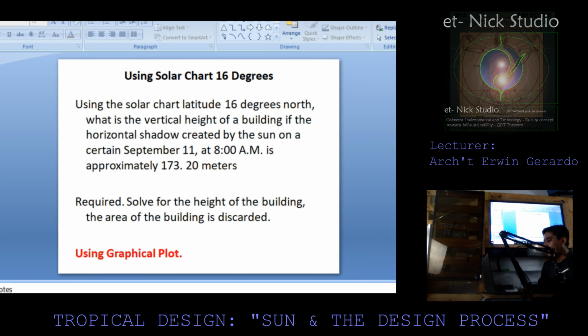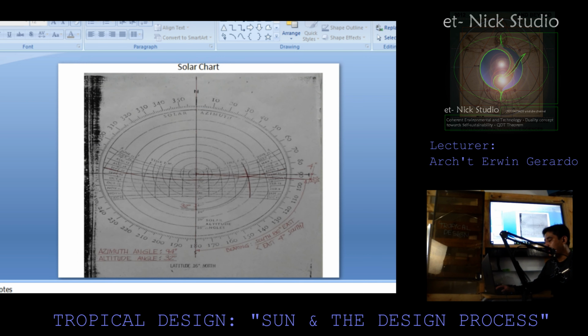So you are required to solve for the height of the building. So the area of the building is actually discarded. So using the graphical plot, we would like to determine how high the building is.